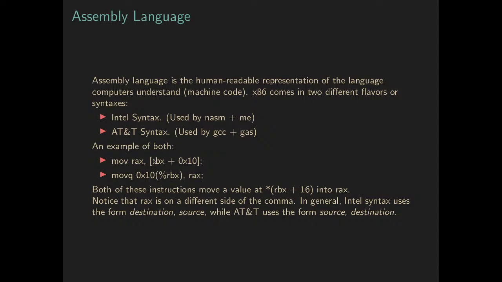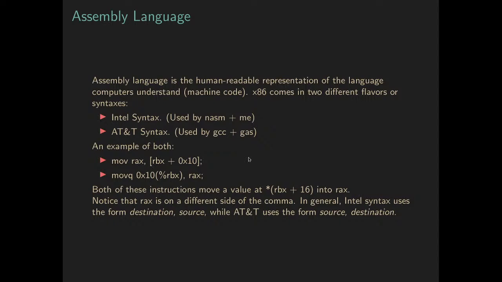So here's an example. You have this mov. Generally, when you're looking at assembly, you have some instruction name, which is usually an abbreviated form, or mnemonic, of some actual command that you would expect. So MOV is just short for move, which is basically assigning one value to another value.